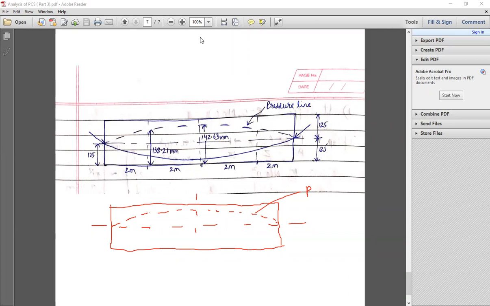Is this clear? Okay, fine. Okay. ठीक है, so I will upload this PDF on the Moodle account, so you can go through this. Okay.